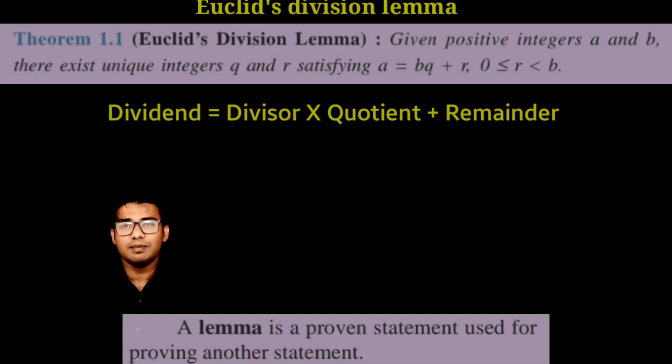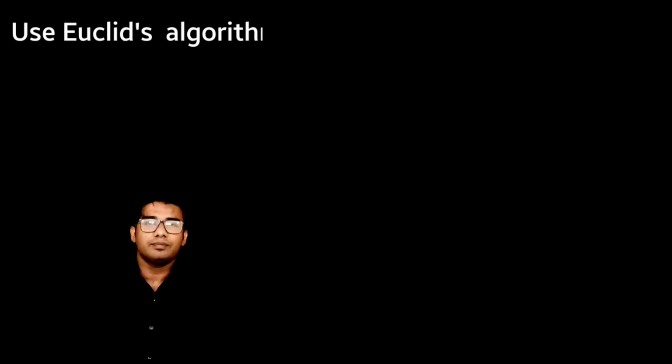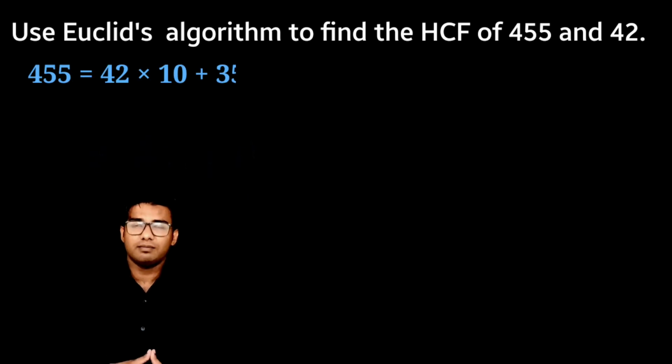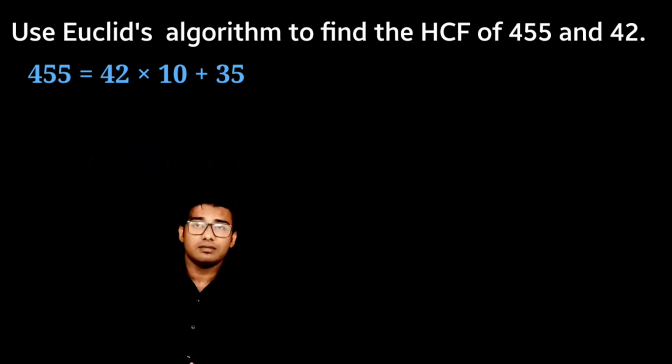So we take a simple example on the basis of Euclid division lemma or Euclid division algorithm. Use Euclid algorithm to find the HCF of 455 and 42. We can write 455 as 42 multiplied by 10 plus 35 by the process of division.